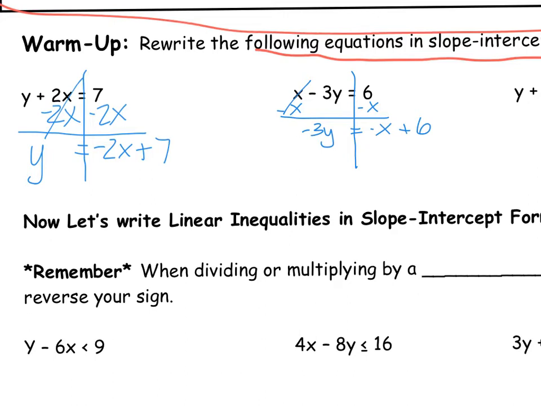How would you get y by itself? This is negative 3 times y, so I'm going to divide by negative 3. Y equals, negative divided by negative is positive, so 1 over 3 x, positive divided by negative is negative, minus 2.